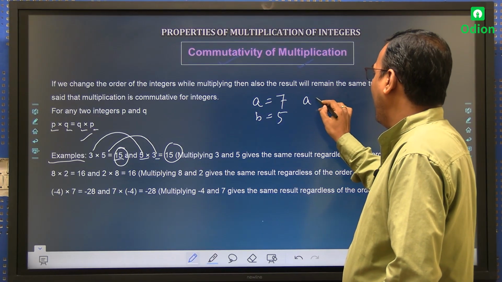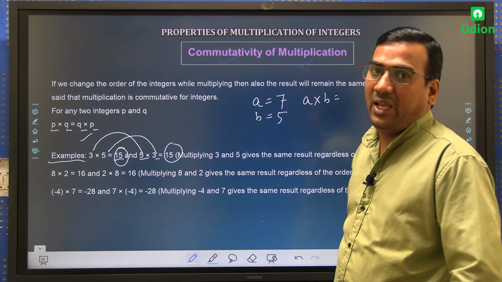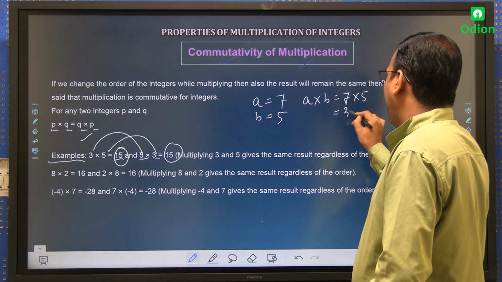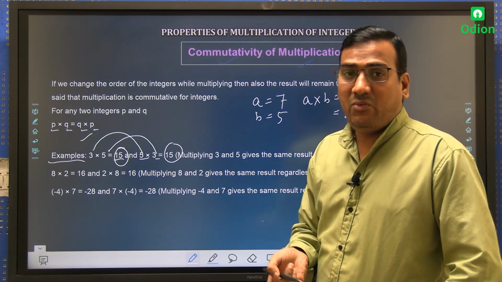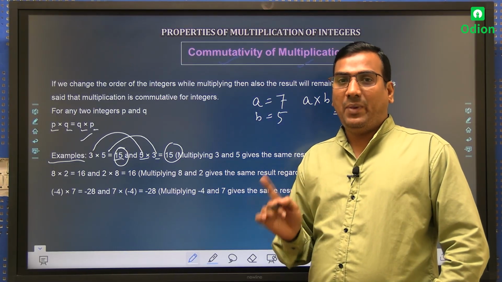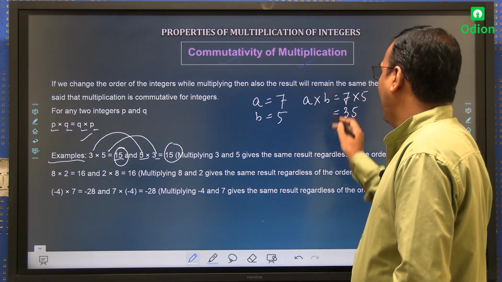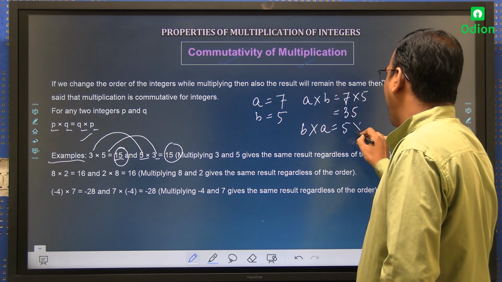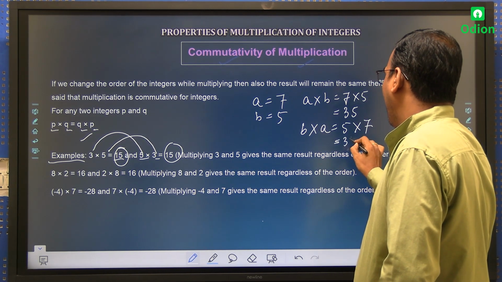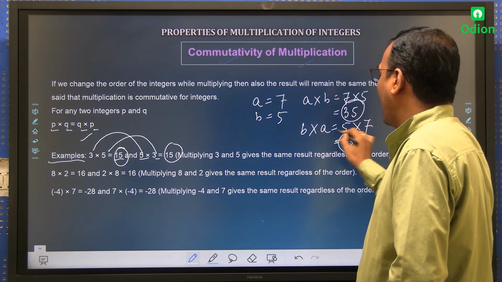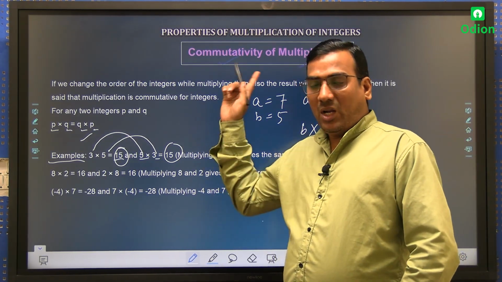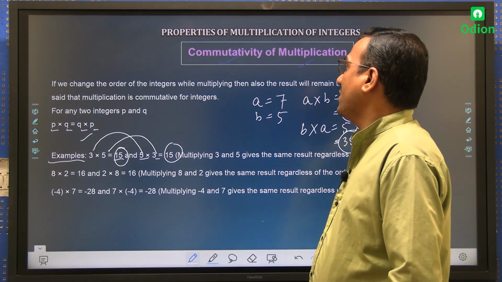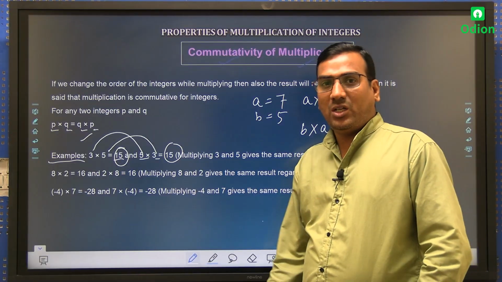Then what will be the multiplication value of A and B? 7 into 5, the answer is 35. If I interchange both places of A and B, B multiplied with A, 5 into 7, the answer is 35. Both answers are equal. So multiplication follows the second property, which is known as the commutative property of multiplication.